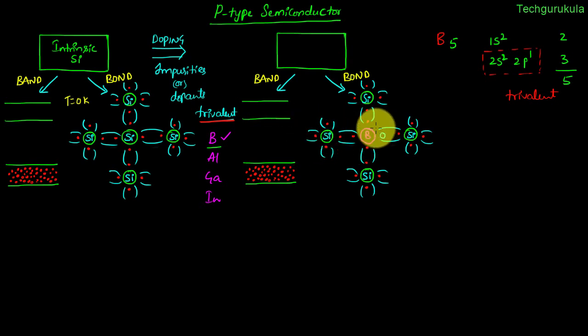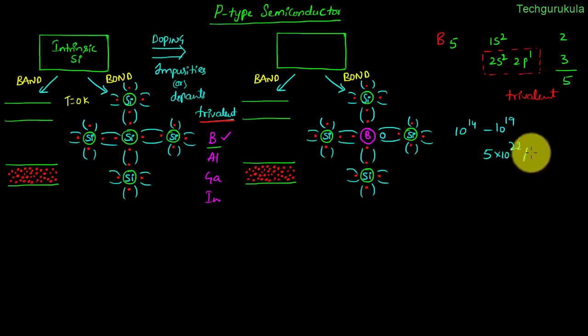Now, consider the amount of dopants that we have added with respect to the number of silicon atoms per centimeter cube. The doping is usually in the order of 10 power 14 to 10 power 19 or 20. But the number of silicon atoms we have per centimeter cube is 5 times 10 power 22.